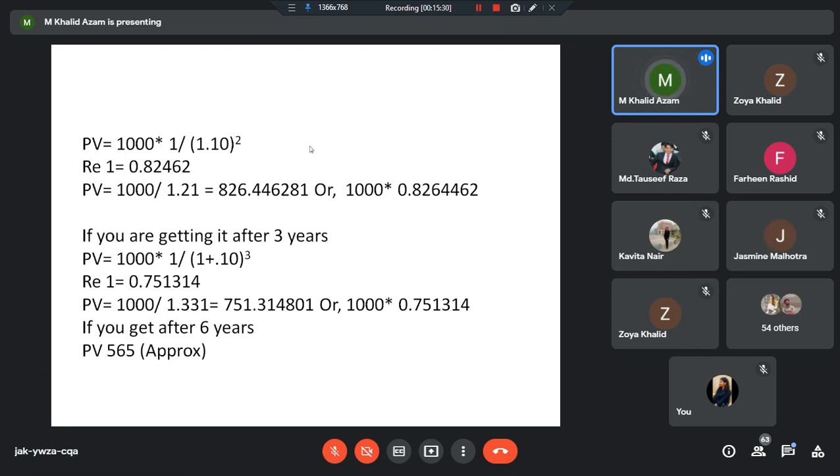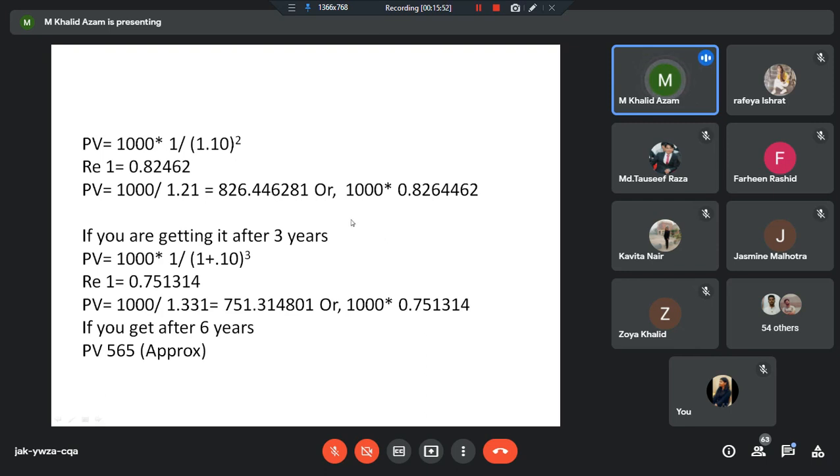If you are getting it beyond that, its value is going to reduce further. If you are going to get it after 2 years or 3 years from there, its value is going to reduce further. So here, this is the single amount, keep this in mind, which you are receiving after a particular period of time, and your value will be calculated like this.